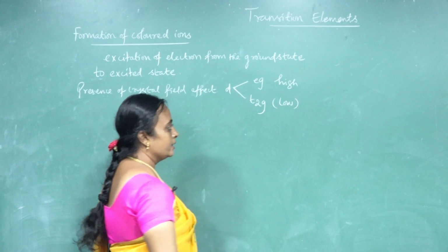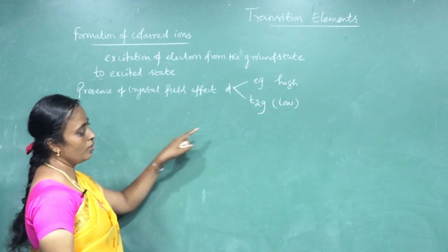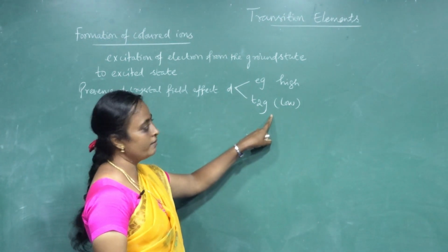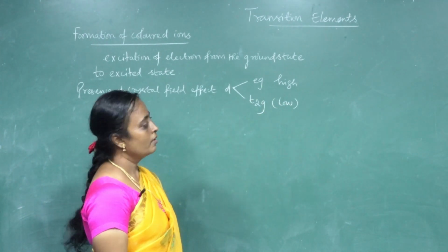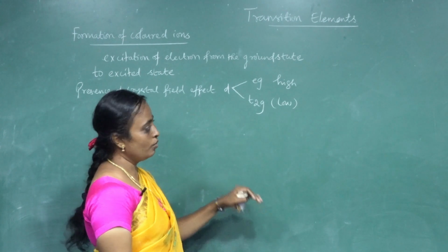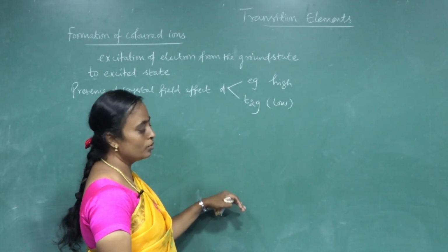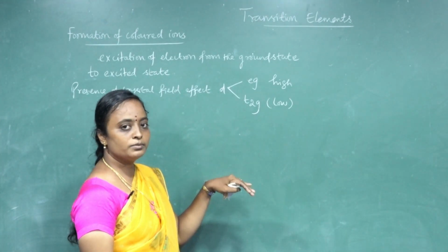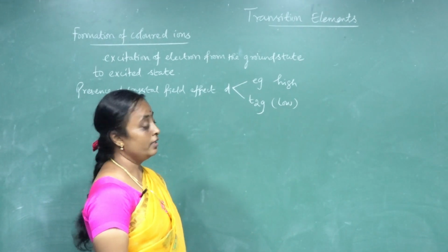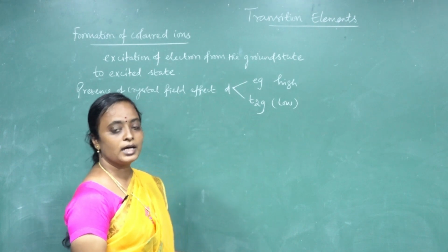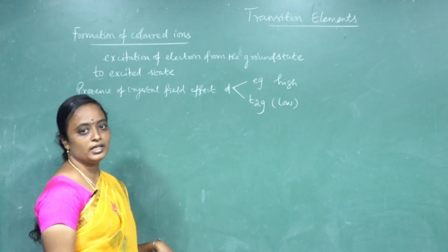The excitation of the electron from the low energy level to the high energy level is not taken as it is. To excite the electron from low to high, there must be absorption of some light energy, and that light energy is obtained from the visible region.